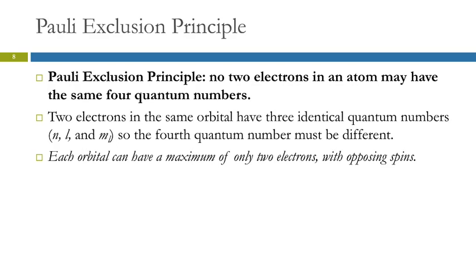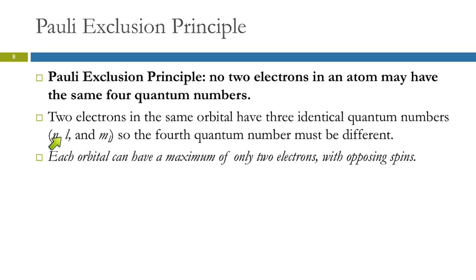The Pauli Exclusion principle says that no 2 electrons in an atom can have the same 4 quantum numbers. Okay, it's sort of like you can't have 2 people with the same social security number, right? You can't have 2 people with the same Fresno City College student ID number, right? It's a unique identifying set of numbers. So if we have 2 electrons that are in the same orbital, they're going to have 3 identical quantum numbers.